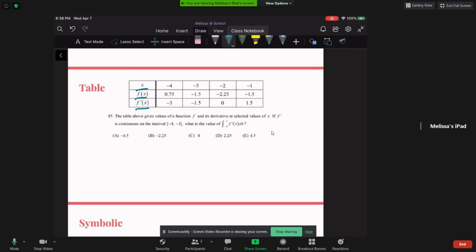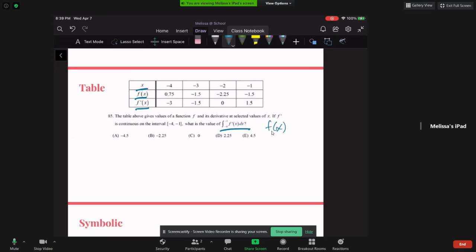Looking at our table, the antiderivative of f prime of x is just f of x, and we have the values for f of x in our table.